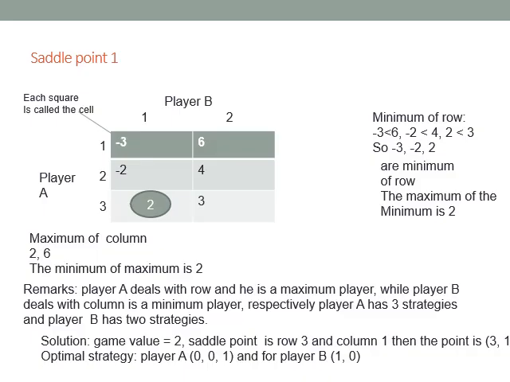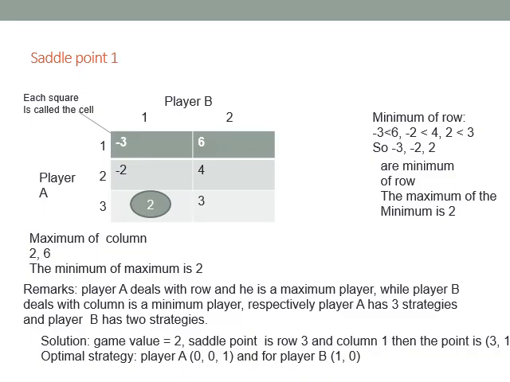In this case, we are going to select the maximum of columns. Column 1 has 3 values: -3, -2 and 2.